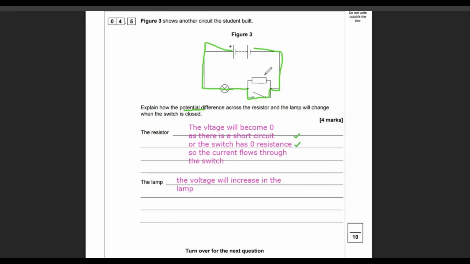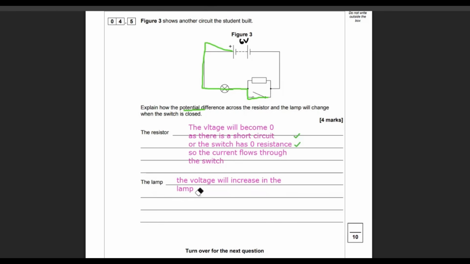Let's say this was a 6 volt battery, then we would have had 3 volts there and 3 volts there. That's the way a series circuit works. You've just taken that out of the equation, so that lamp is going to get all 6 volts. It now gets all of the volts from the battery. The voltage of the battery is shared out between the components.